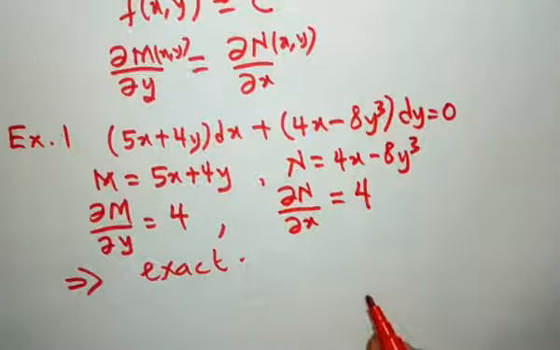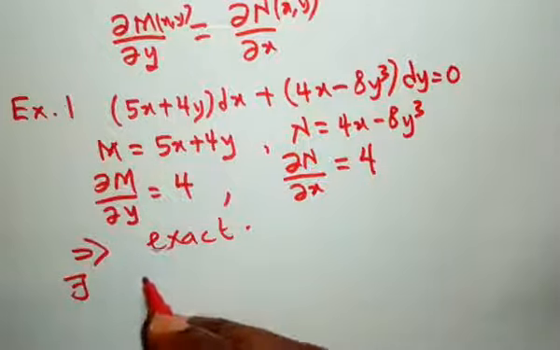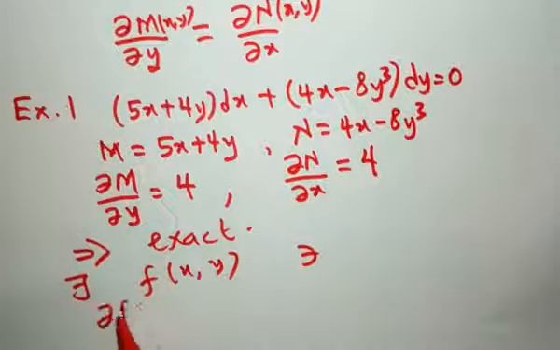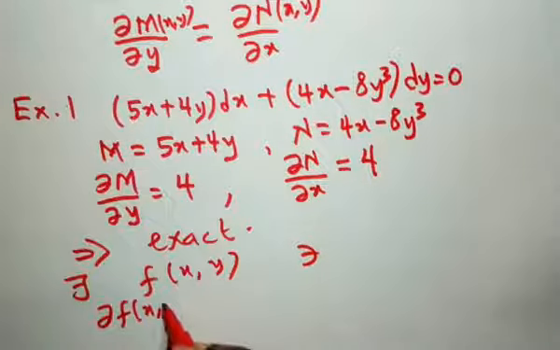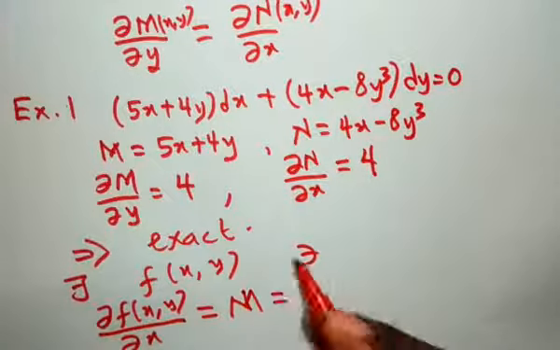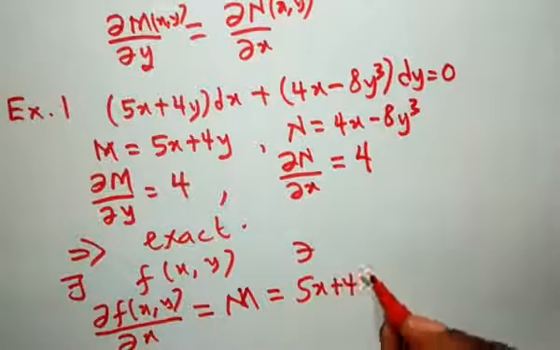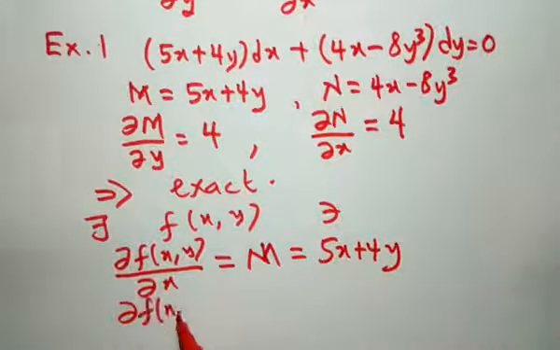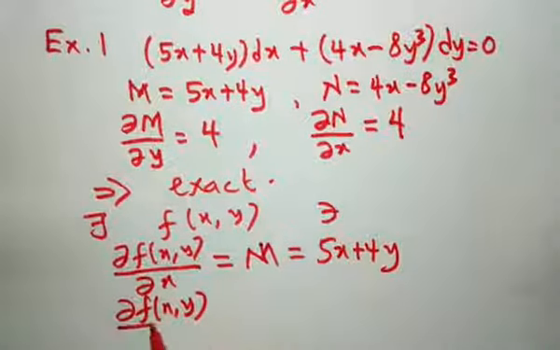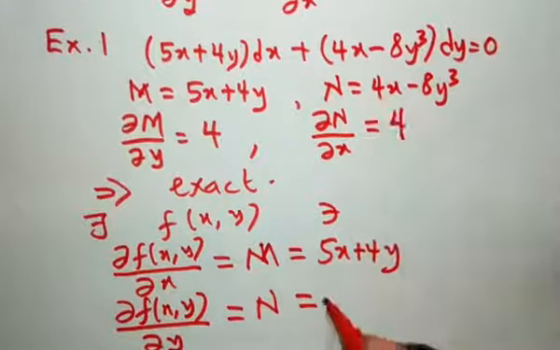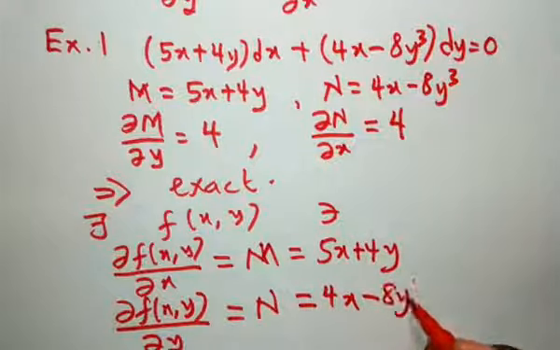Now since it is exact, it implies that there exists a function f(x,y) such that the partial derivative of f(x,y) with respect to x is equal to M, which is equal to 5x plus 4y, and the partial derivative of f(x,y) with respect to y equals N, which is equal to 4x minus 8y cubed.